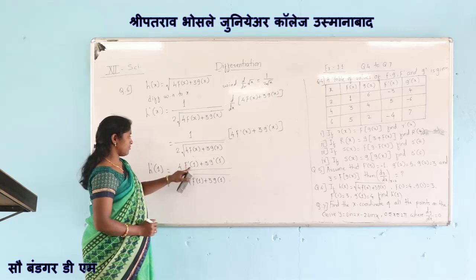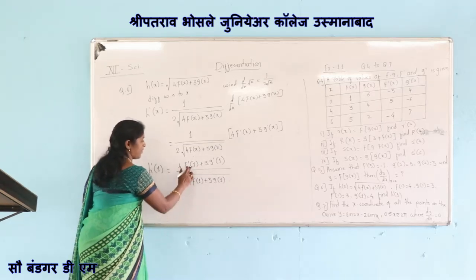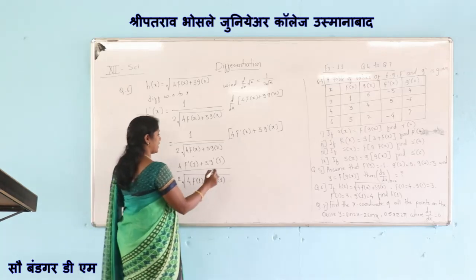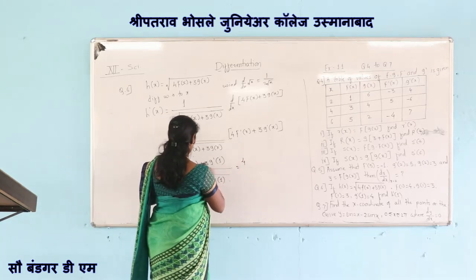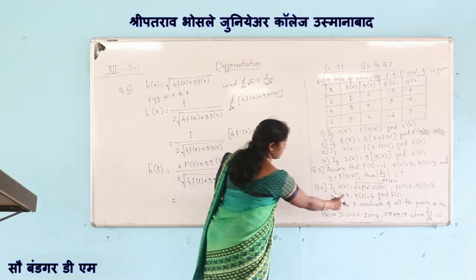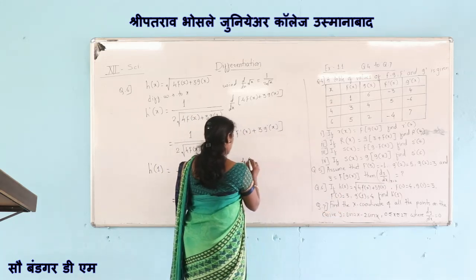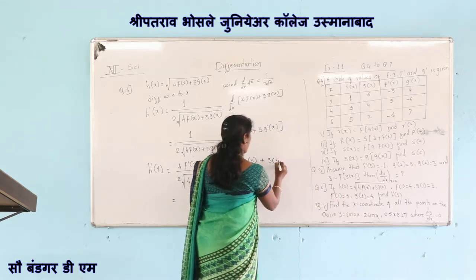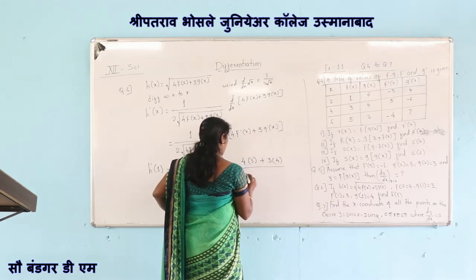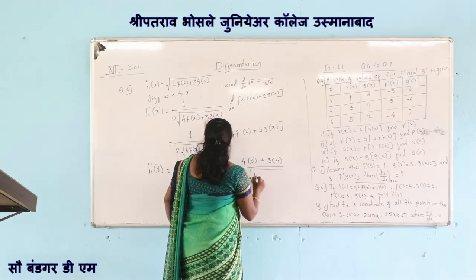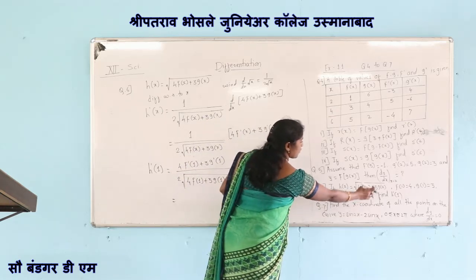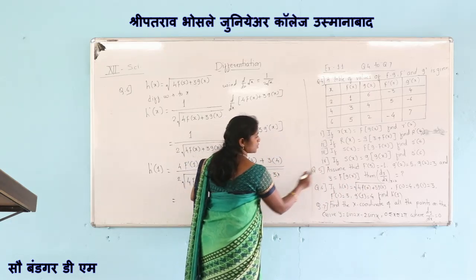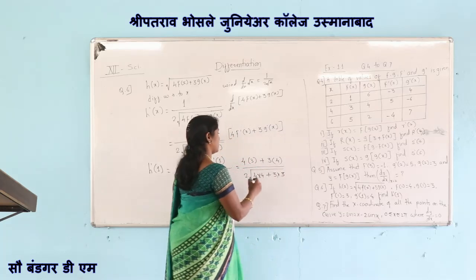Now replacing values of f dash 1, g dash 1, f of 1 and g of 1, we get: f dash 1 is given as 3, so 4 into 3 plus 3 into g dash 1 is 4, upon 2 under root of 4 f of 1, f of 1 is 4, so 4 into 4 plus 3 into g of 1 is 3.